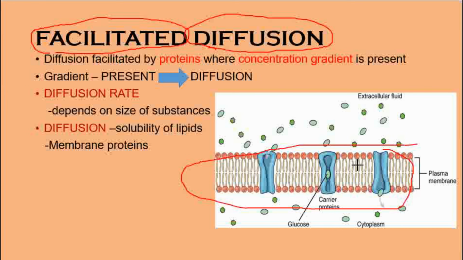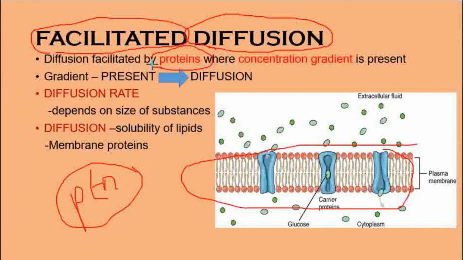So for such substances the diffusion gets facilitated, it is made easier by another substance. In this case it is proteins. So proteins help the diffusion of some substances which are not readily diffused. So that type of diffusion is known as facilitated diffusion. It helps the diffusion of some substances.